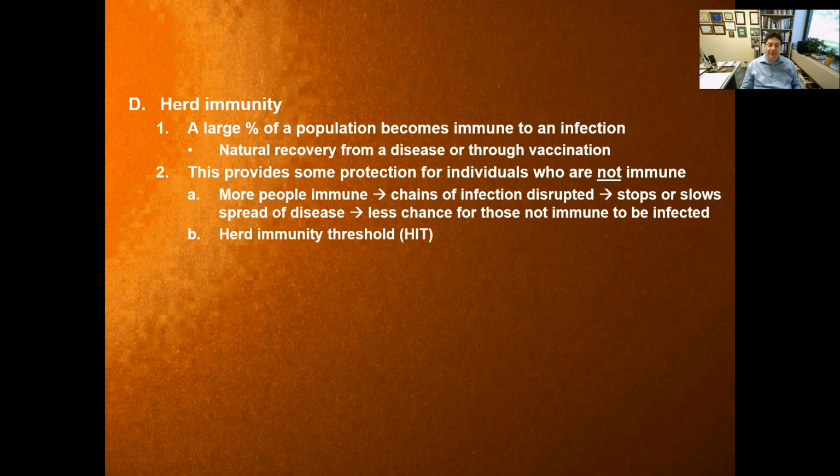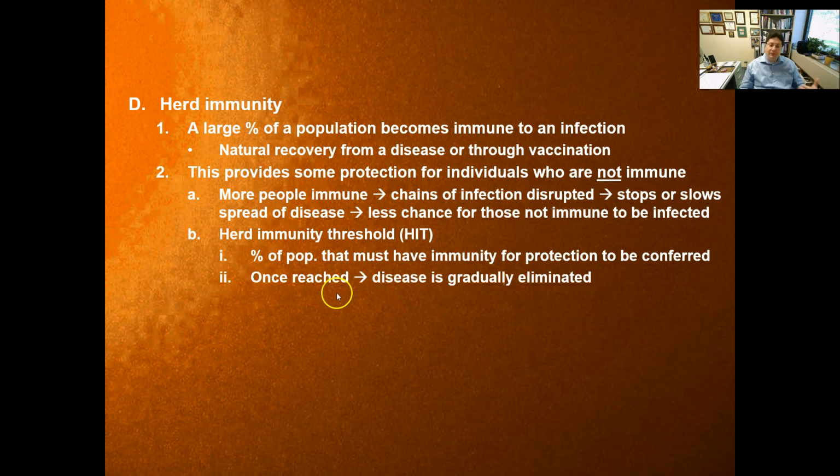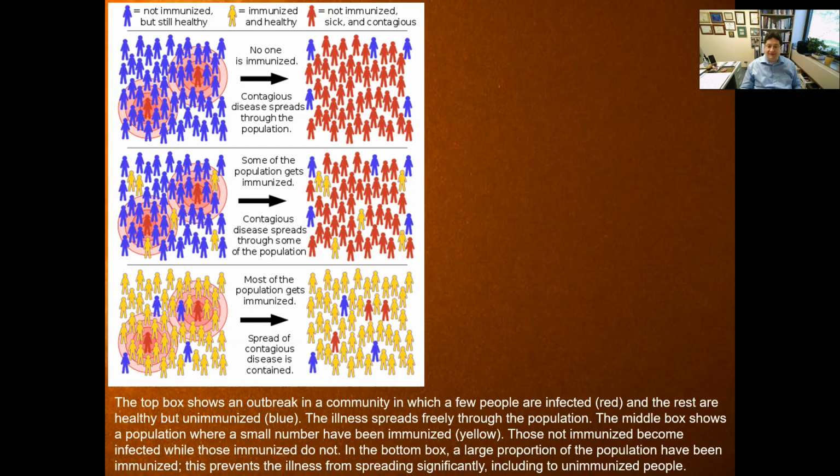Now, for this to work, you have to reach what's called the HIT, or herd immunity threshold. This is the percent of the population that must be immune for this protection to work. Once we reach this HIT, the disease is gradually eliminated from the population. It becomes less and less common. Now, this will only work for contagious infectious diseases, not all infectious diseases, only those that are spread easily.